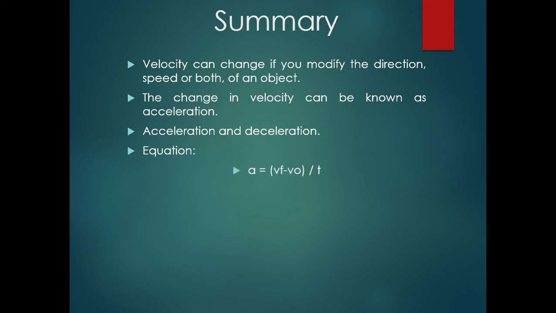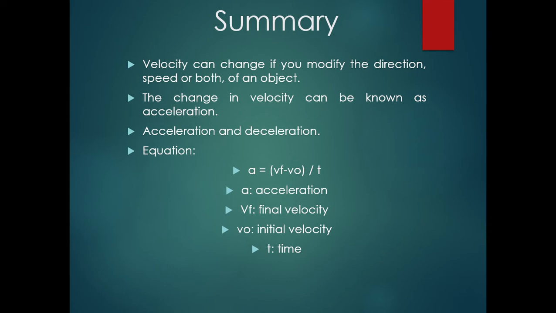Now we have to analyze the equation that we have for acceleration, and basically this is the formula that we have for a basic acceleration. So A will represent acceleration, Vf will represent final velocity, Vo will represent initial velocity, and letter t will represent time. There is something very important for you to notice.